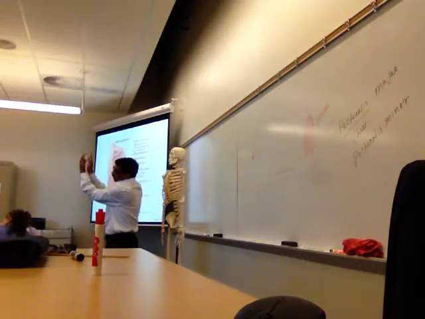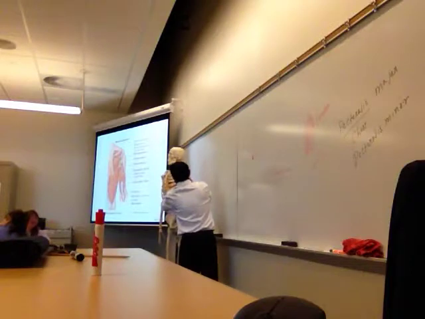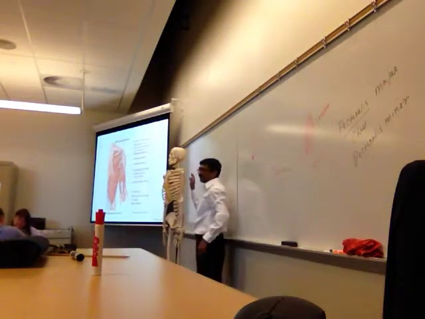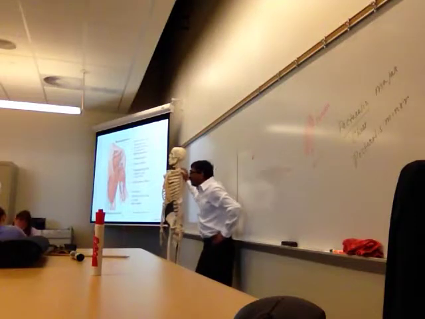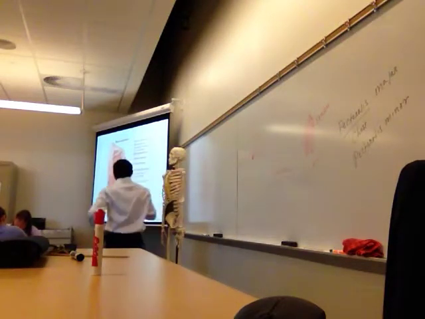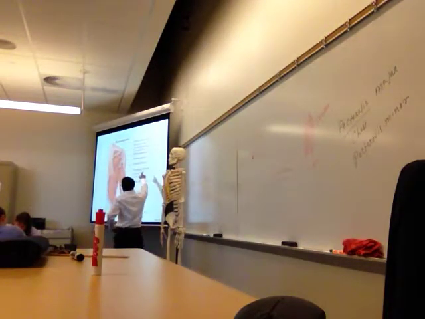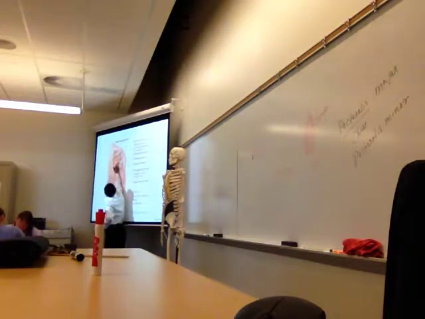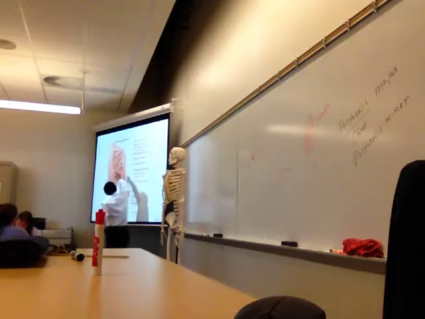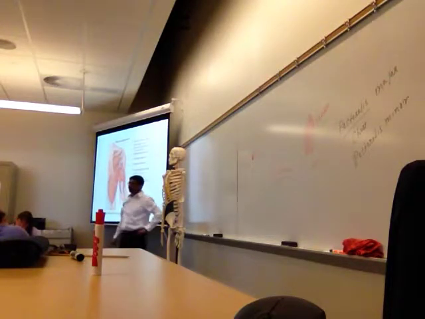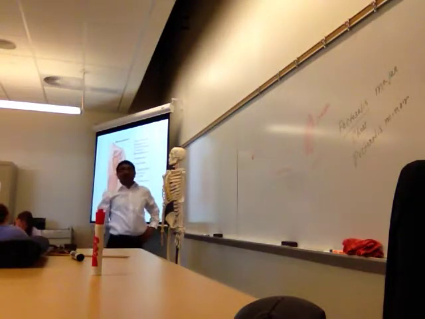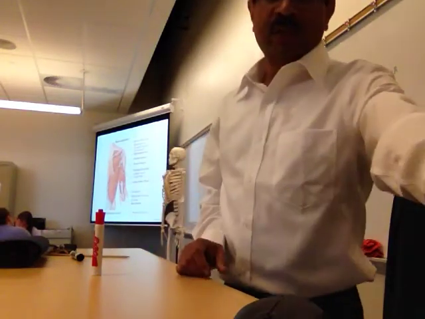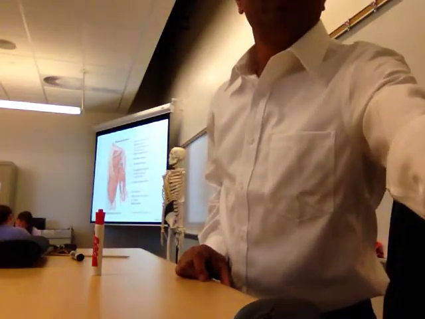So the subscapularis muscle is attached to the front of the scapula. And teres major and teres minor are located under the infraspinatus muscle. So those are the locations of those muscles helping the movement of the shoulder.